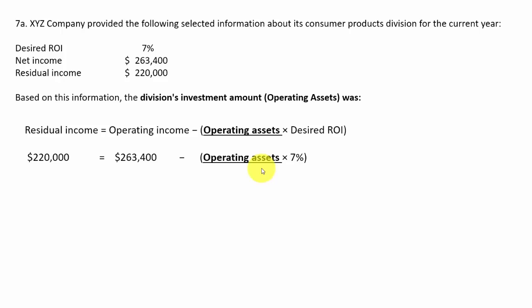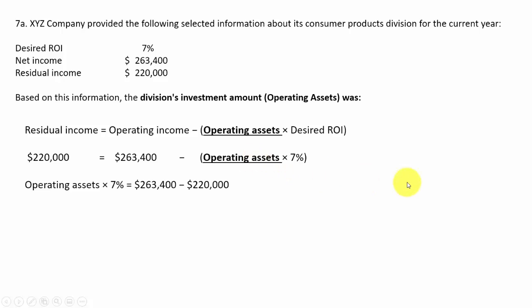The way we get that is 220 is equal to 263.4 minus something, so 263.4 minus 220 is going to be 43.4 right here. So just keep that in mind. This whole thing's got to be 43.4, and then we'll get to calculating what operating assets are in just a second.